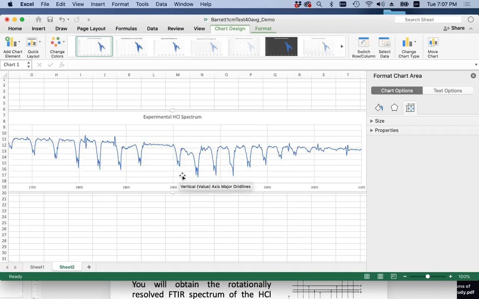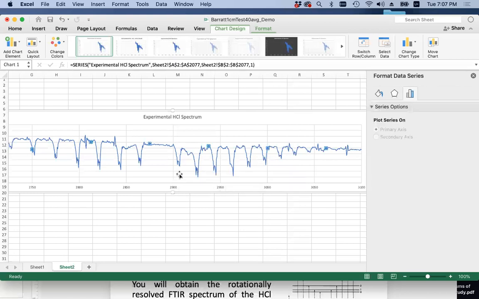In Excel, one way to do that is by zooming in very closely on the graph so that you can very precisely point your cursor at a particular data point, and you can click on the graph at that data point, and then you'll see that Excel tells me that the X value is 2,906.749 wave numbers, and the Y value is 72.84% transmission.